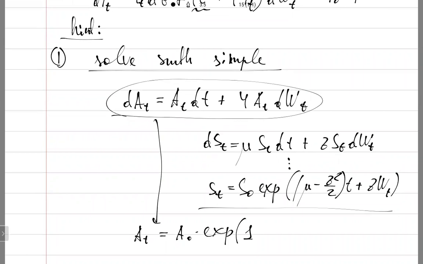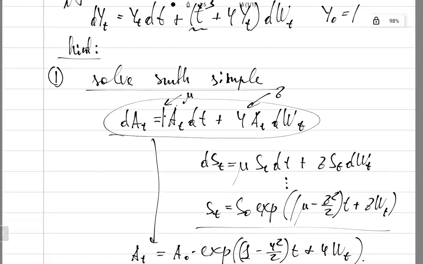Yeah, this is like 1, this is like mu, and this is like sigma. So that's the equation we have solved already. How to solve it? We take logarithms, apply Ito's lemma, and so on. So it will be (1 minus 4 squared over 2)t plus 4W(t). Okay.